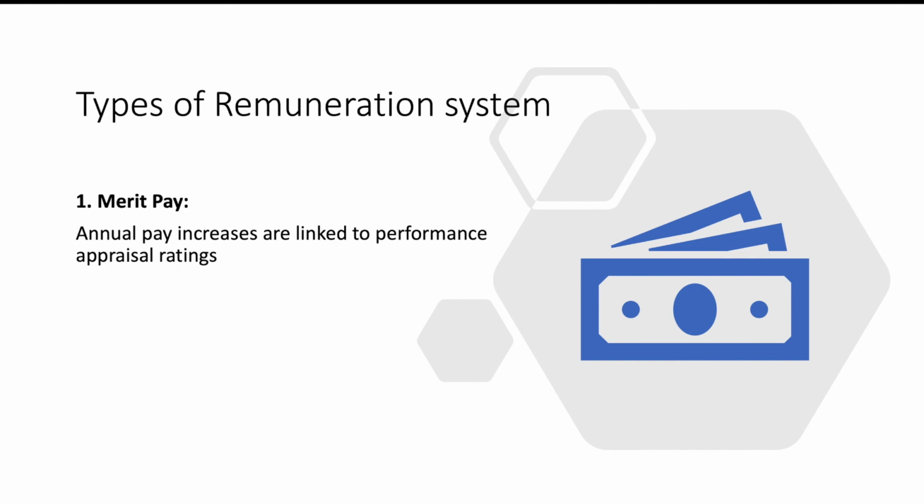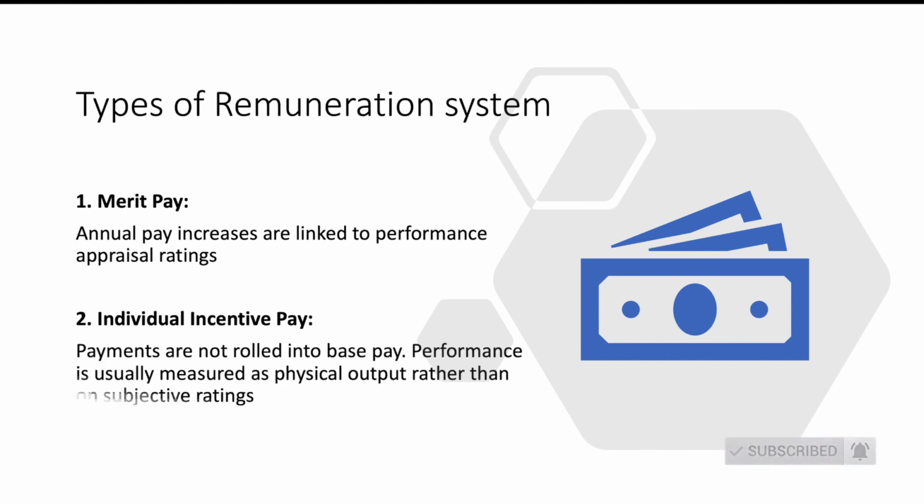If the rating is up to the mark, whatever the management has suggested, then the merit pay will be given. Individual incentive pay: if the individual is working with very good performance, payments are not rolled into base pay. Performance is usually measured as physical output rather than on subjective ratings.